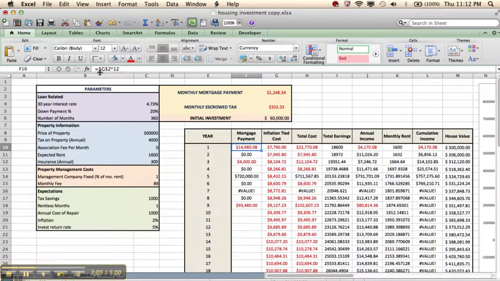So instead of calling it G2, I'm saying $G$2 multiplied by 12, which is basically telling Excel, do not change the cell reference G2 as I drag the formula down.